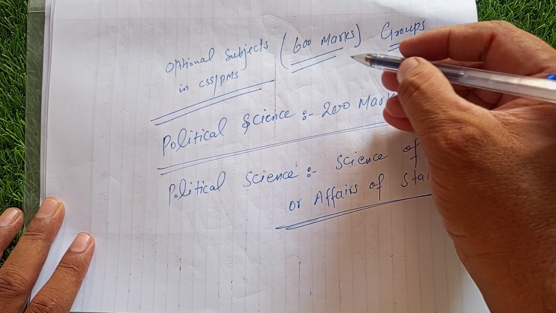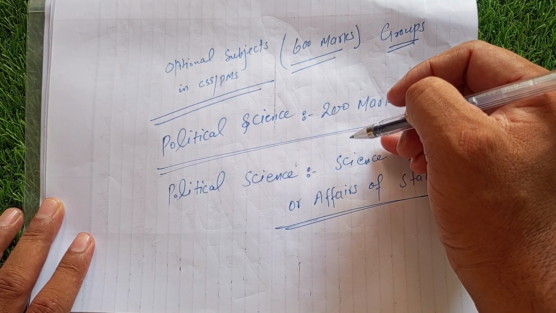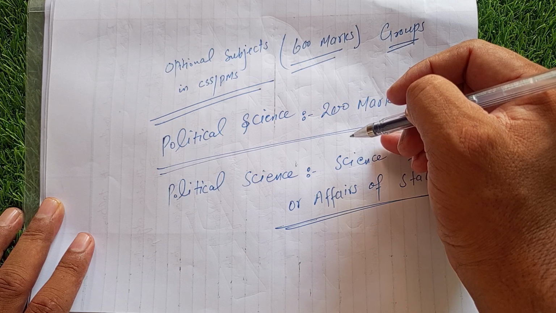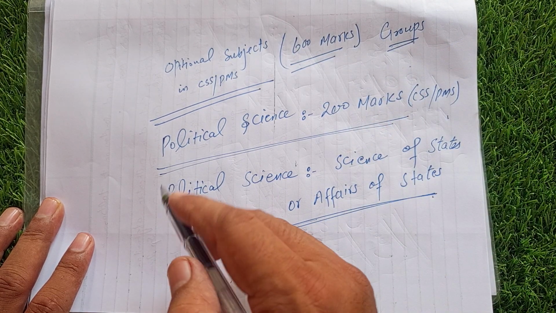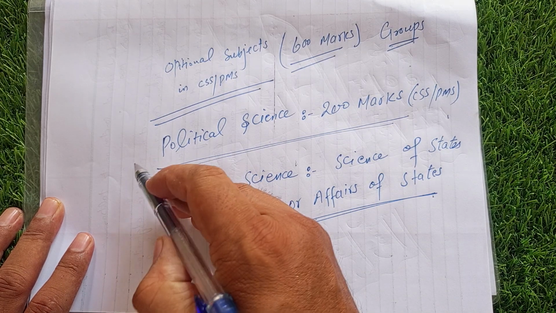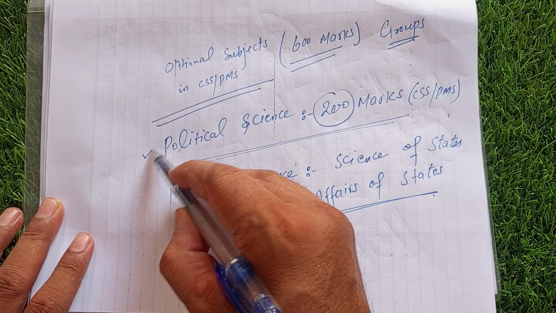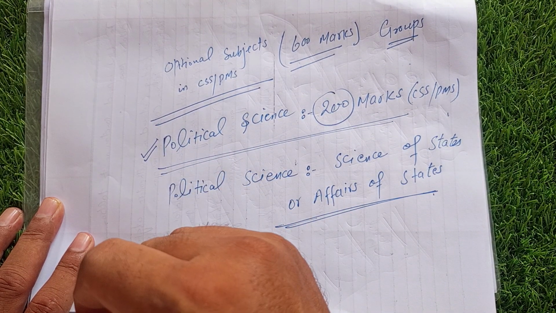Some subjects are of 200 marks and some subjects are of 100 marks. Today we are going to discuss a very important subject for competitive exams, that is of 200 marks, and that is known as political science.